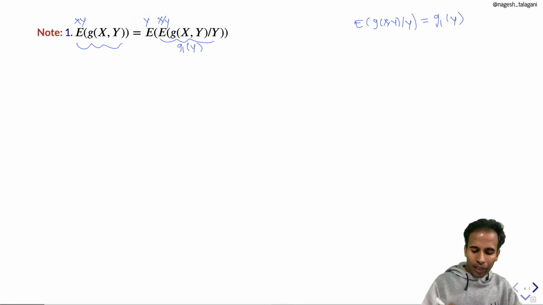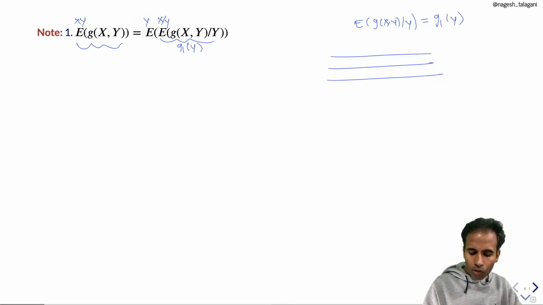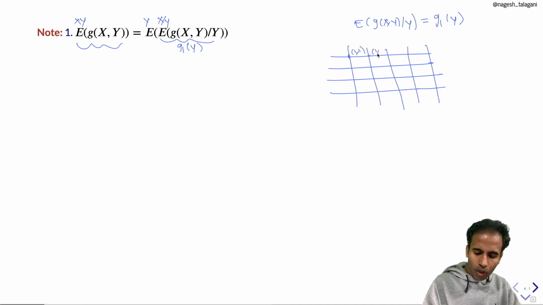Let us say I have 20 students in a class who are sitting in 4 rows and 5 columns like this. This is the 1,1 location, 1,2 location, 1,3 location, and this is like the 4,5 location. You get the idea.